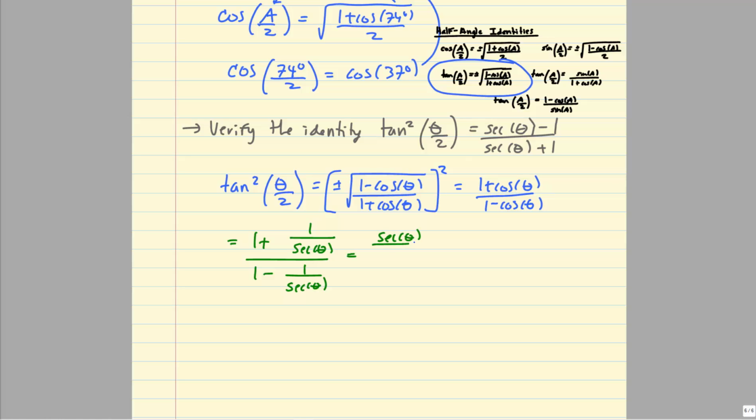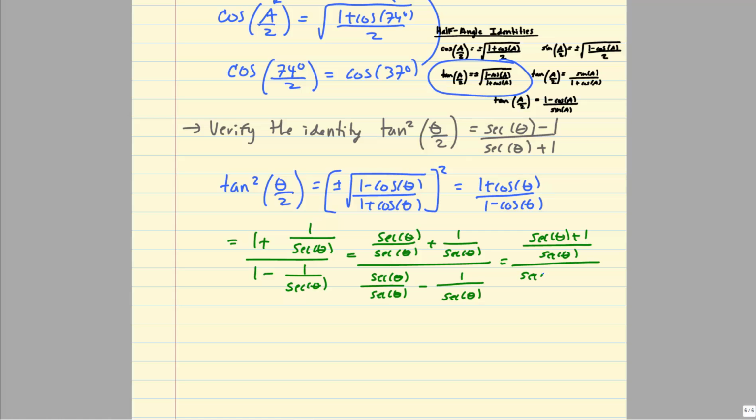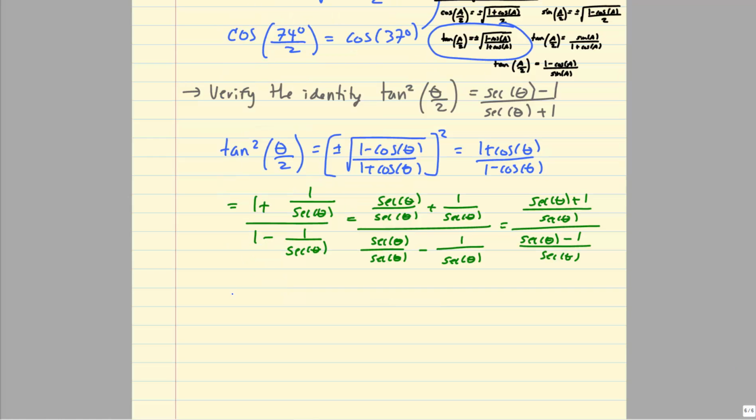This would be secant theta over secant theta plus 1 over secant theta. This would be secant theta over secant theta minus 1 over secant theta. So this would be secant theta plus 1 all over secant theta all over secant theta minus 1 all over secant theta. Now remember, when you divide by a fraction, you're actually multiplying by the reciprocal.